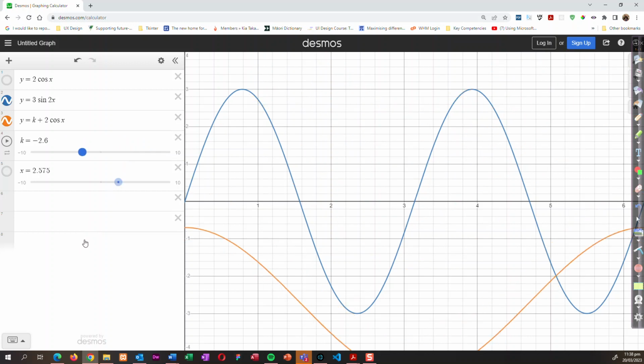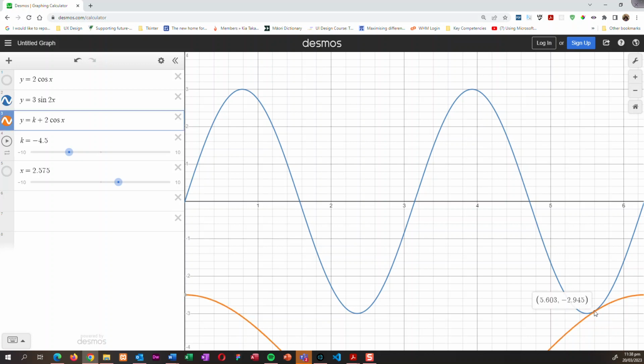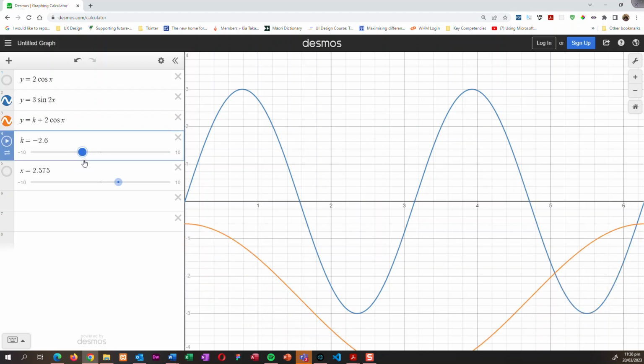Now, as I said, I'm not totally happy with that, because I think there are other points between 0 and 2 pi where we also have 2 points of intersection. That is when this x value is about 5.6 and k is about negative 4.5. Then we keep increasing k until we get to there, after which I think we have 3 points of intersection.